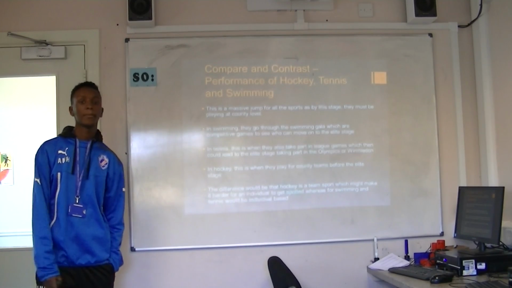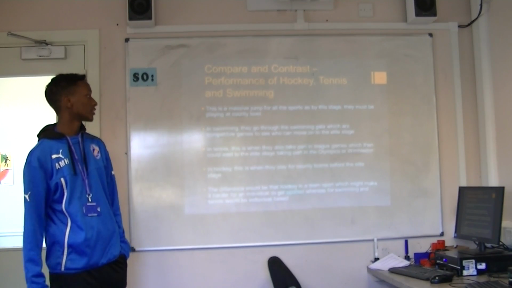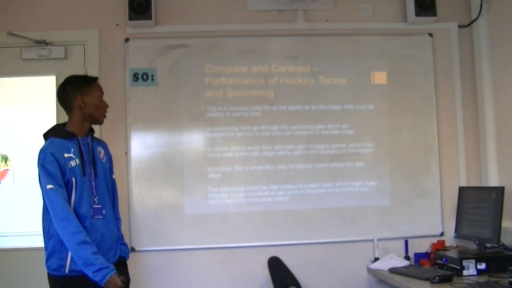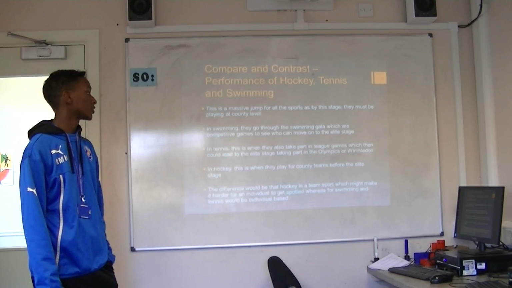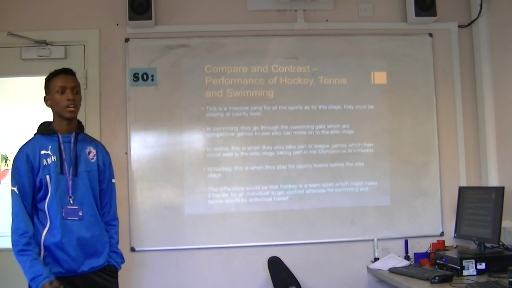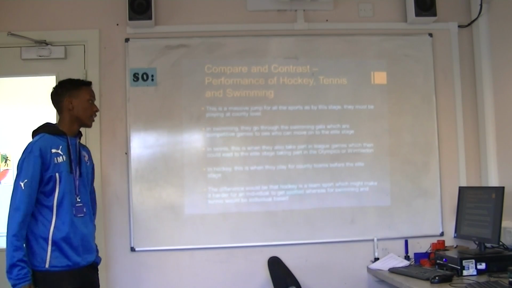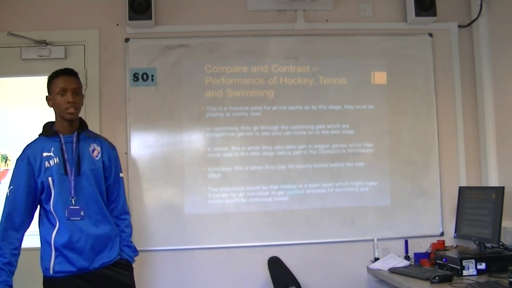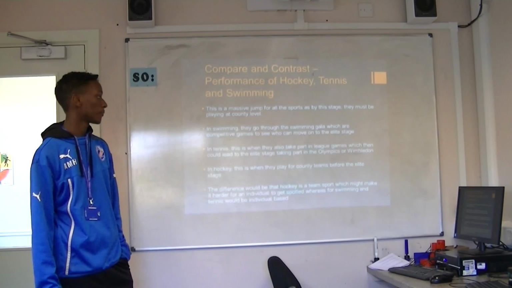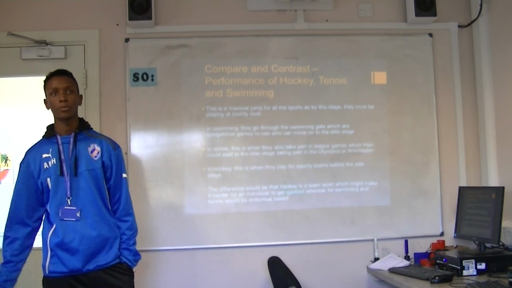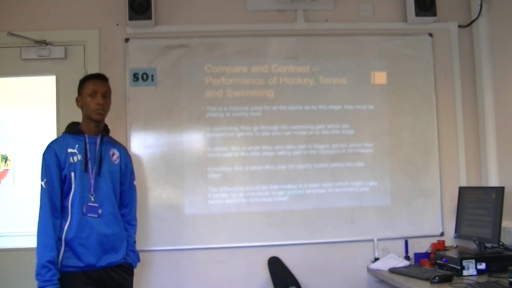This would be a massive jump for all the sports, as they must be playing at county level. In swimming, they will go through a swimming gala, which are competitive games, which allows them to move on to the elite stage. In tennis, this is when they also take part in league games, which then could lead into the elite stage, taking part in competitions such as the Olympics and Wimbledon.